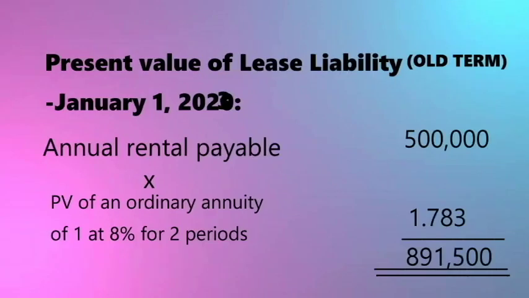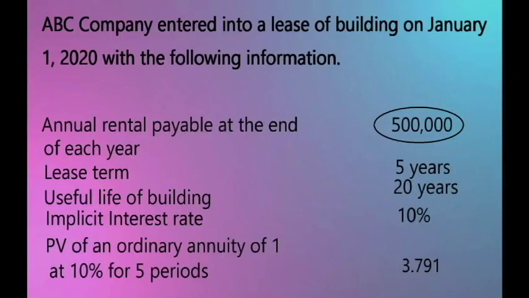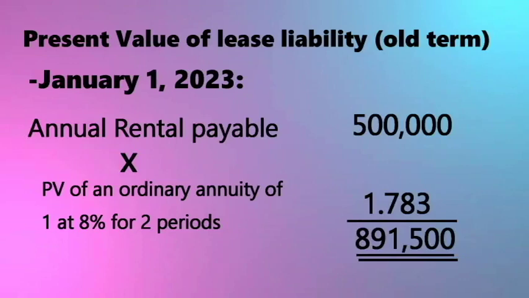So, ang bagong amount ng ordinary annuity of 1 at 8% for 2 periods ay 1.783. So, ita-times natin yon sa annual rental noong unang contract na 500,000, which is equal to 891,500.